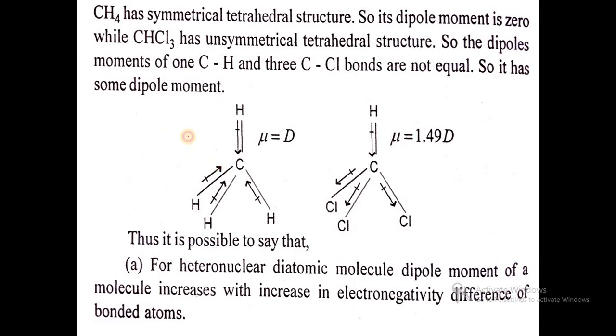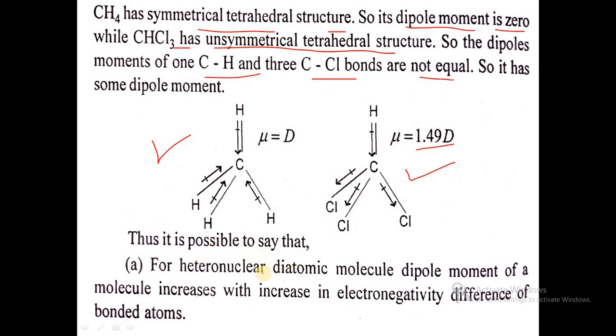In case of CH4, it has a symmetrical tetrahedral structure, so its dipole moment is 0. But in case of CHCl3, which has an unsymmetrical tetrahedral structure, the dipole moments of C-H and C-Cl bonds are not equal, so it has some dipole moment, that is 1.49 D.